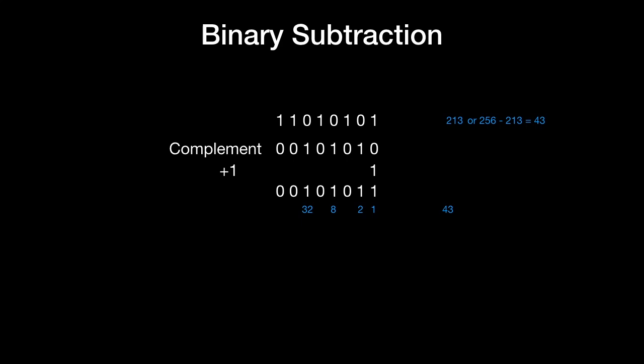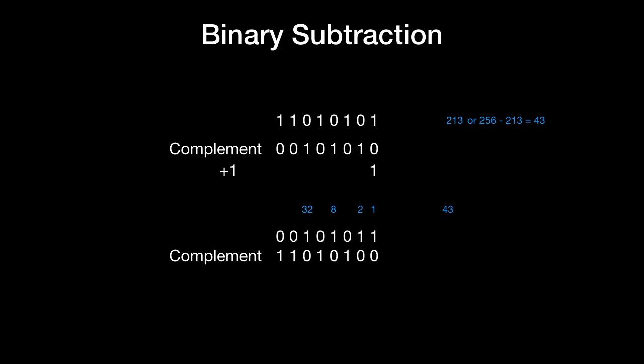That's 43. Or in this case, minus 43. If you take that number, you do the complement again and add 1 to it. It should represent the same number. That's how it's done in binary.